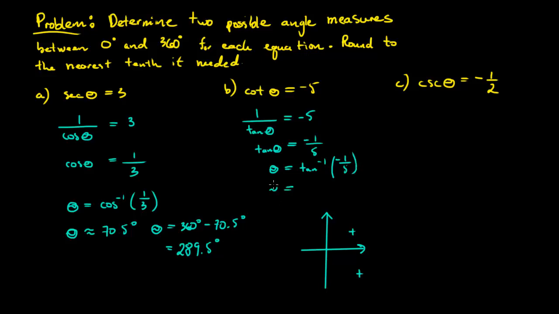If you do this on your calculator, you'll get that theta is equal to -11.3 degrees, where we've rounded to the nearest tenth.